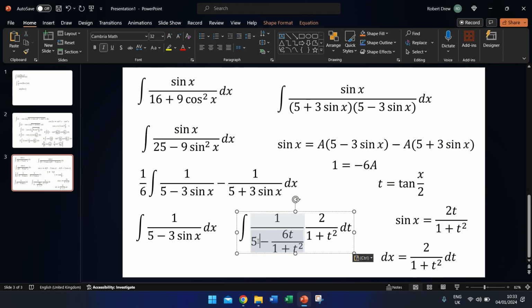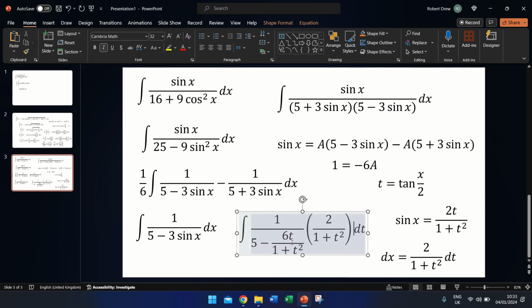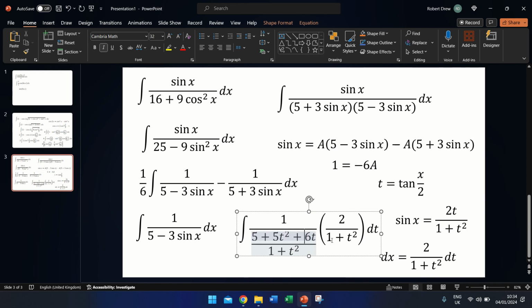Okay, so what we could obviously do here is say that this fraction, if I put this in brackets just to be clear about what I'm about to do, can be written as 5 plus 5t squared over 1 plus 1t squared. So this is 5 plus 5t squared plus 6t. And now this denominator here cancels with this one here.